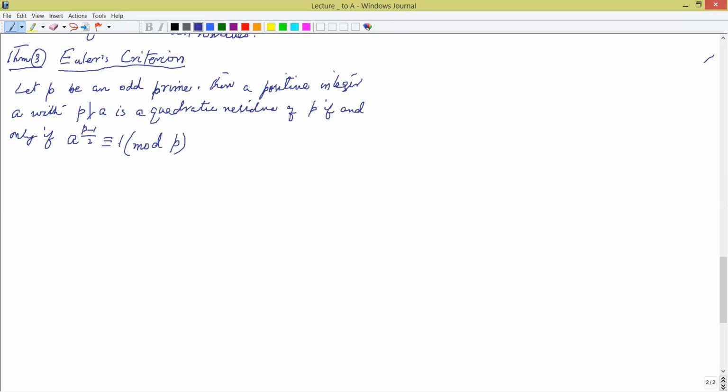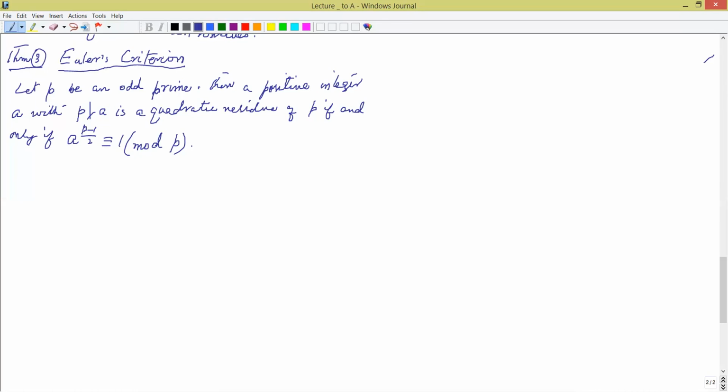In the proof, we will use Fermat's little theorem that we discussed in previous lectures. So that's the easiest way to find whether the element is a quadratic residue or not.